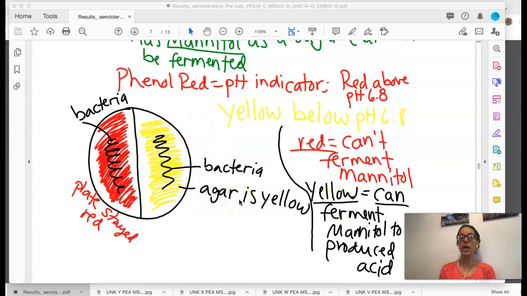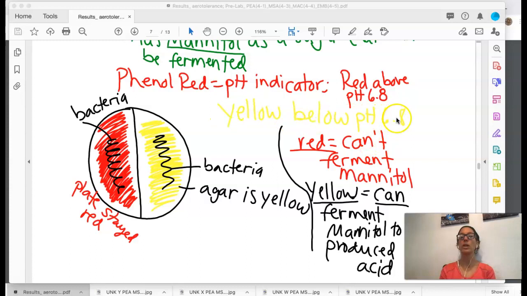So on our slides, on our still images of the media that have been inoculated with the bacteria, there will be a positive control where there will be growth and the agar turns yellow because fermentation of mannitol makes an acid that lowers the pH.